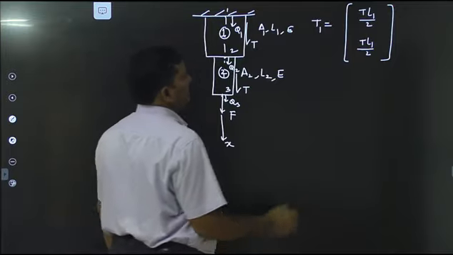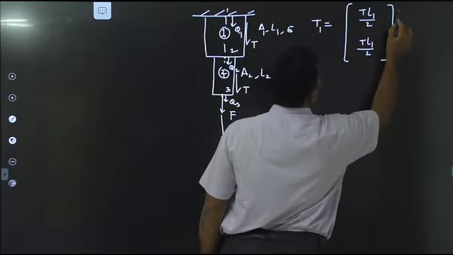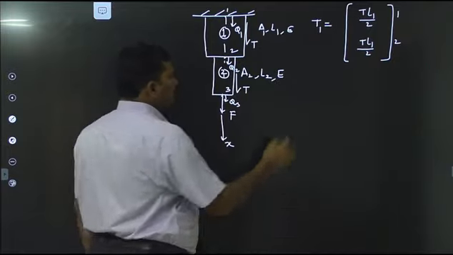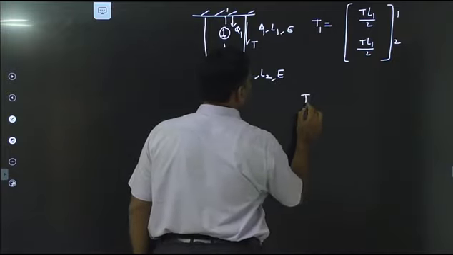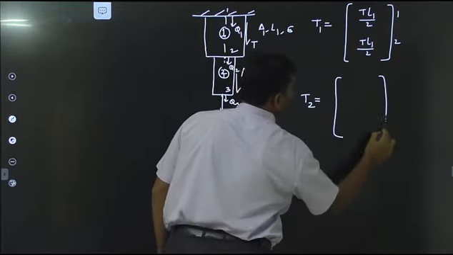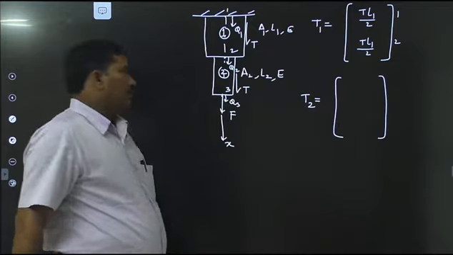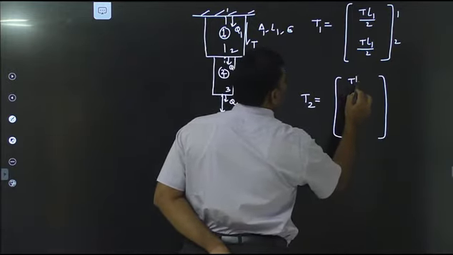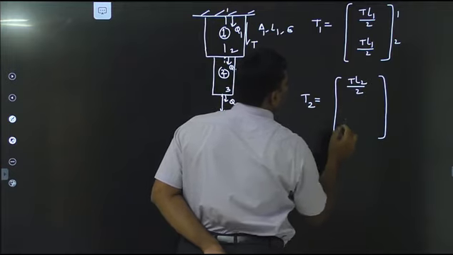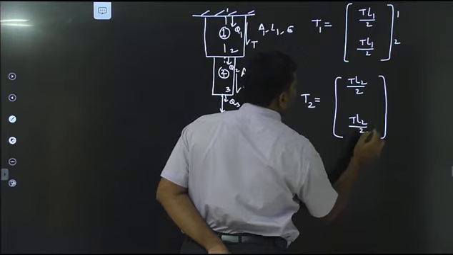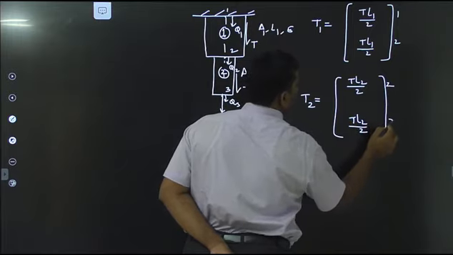Now these elements correspond to the first and second degrees of freedom. Next T2, I write the element traction vector for the second element like this. For the second element, tell me, what is the first element? T L2 by 2 and the second element is T L2 by 2. What are the corresponding degrees of freedom? 2 and 3.